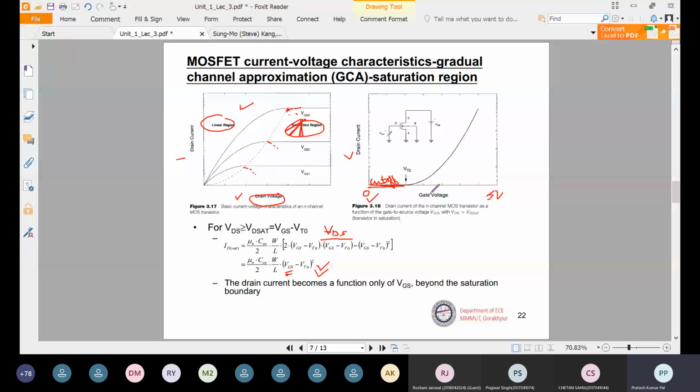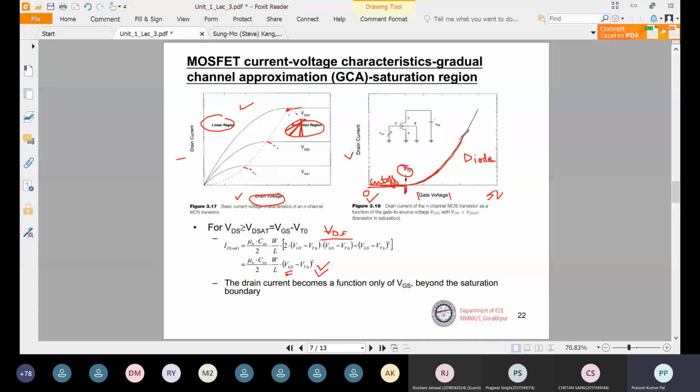If we further increase the gate voltage, the current will keep on increasing, and this variation will be exponential. This is similar to a diode: once the applied voltage is greater than the cut-in voltage, the diode current keeps on increasing, linearly or you can say exponentially.